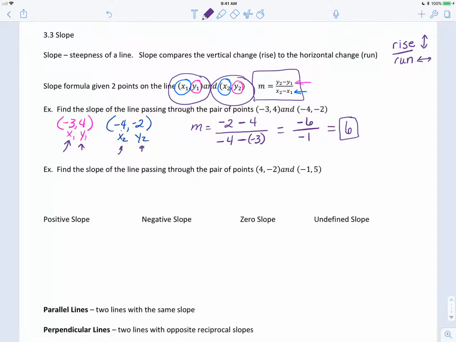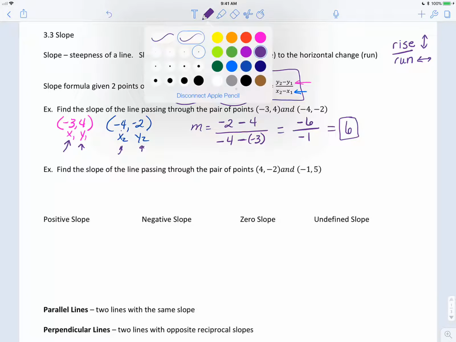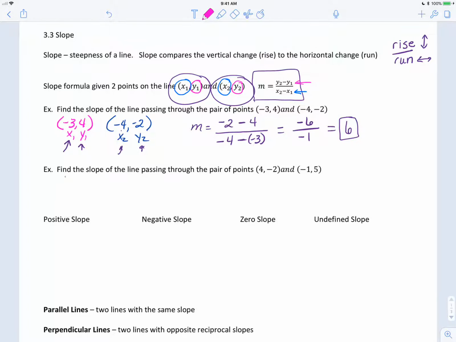And we're going to do the same thing on this next one. My first ordered pair is 4, -2. We'll label that one x1, y1. Our next ordered pair is -1, 5, and that's going to be my x2, y2.